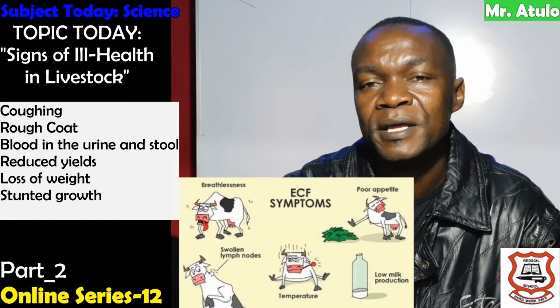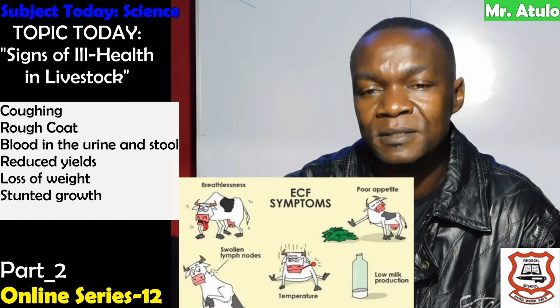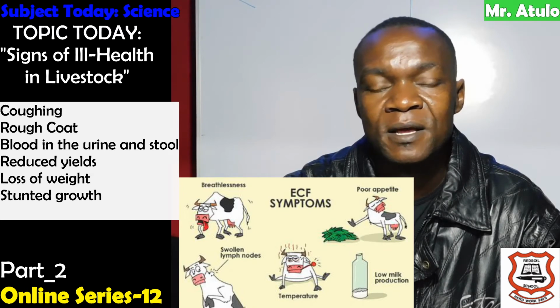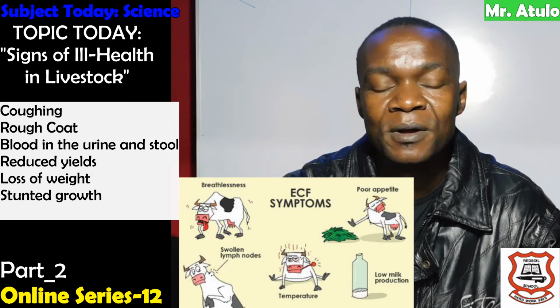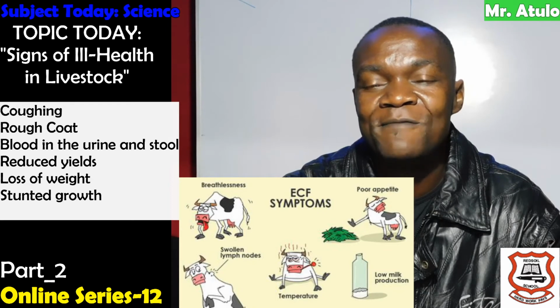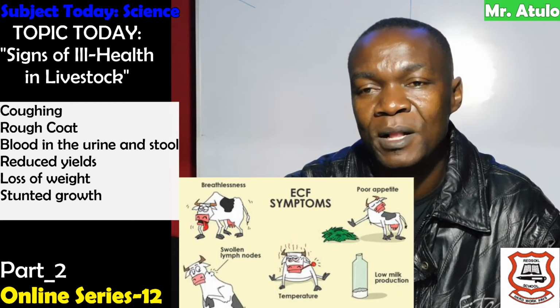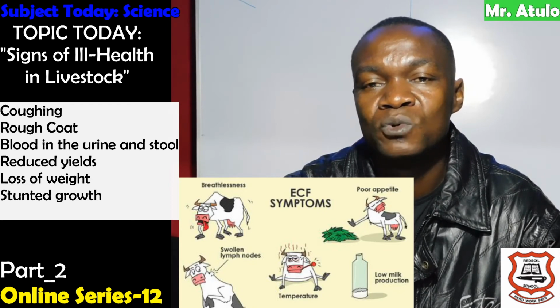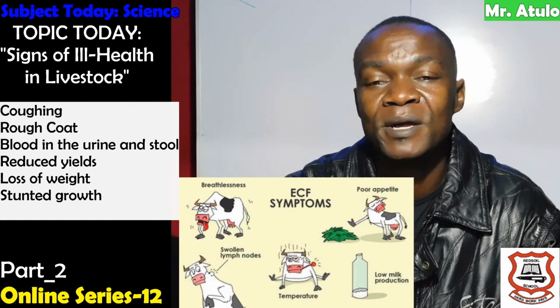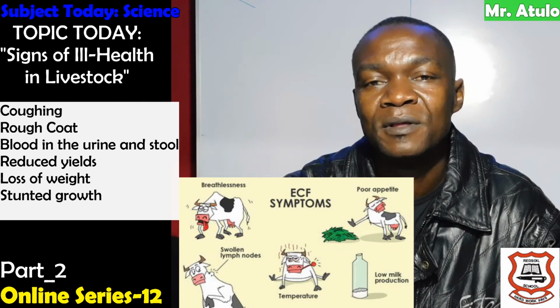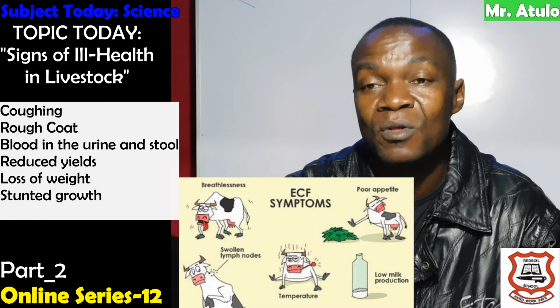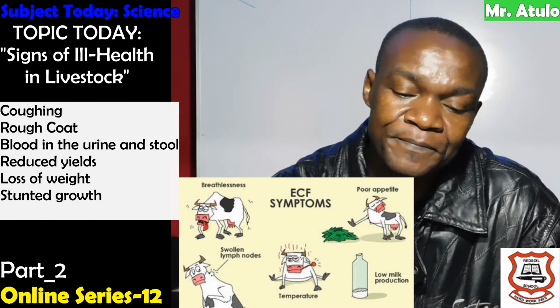Number four is reduced yields. For example, a cow was giving you 5 liters of milk anytime you milk, and all of a sudden it drops to 3 liters, 2 liters, or even 1 liter, or even 1 cup. That is a sign that the animal could be suffering from a disease.